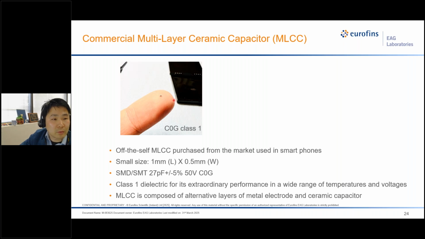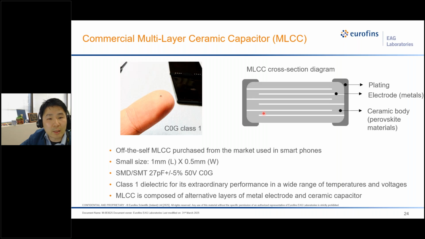In such a small volume, it actually contains a very complex structure made of alternating layers of ceramic body and electrode. Commonly used materials for the ceramic body are perovskite materials such as barium titanate, and the electrode is usually made of pure metals.